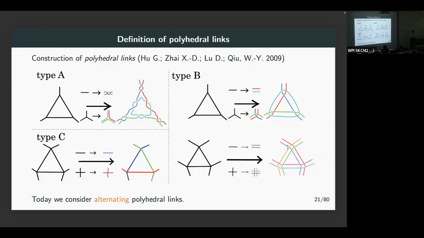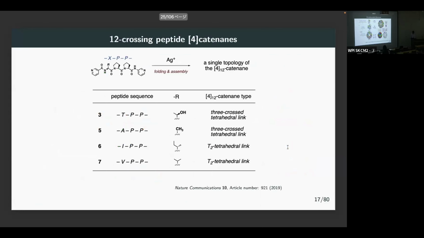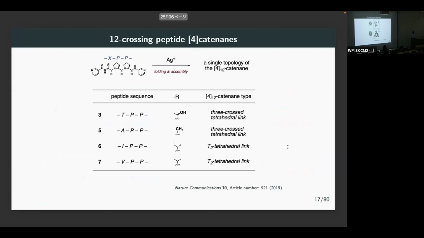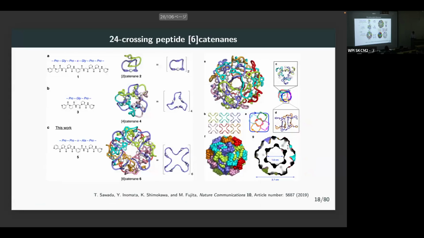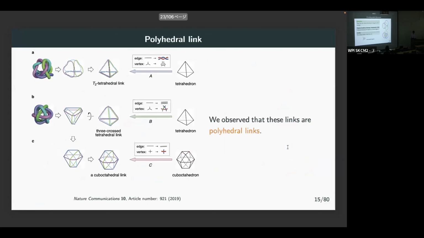We found that those supermolecules are actually made of type A and type B. Type A will give a planar structure and type B will give a pyramid.